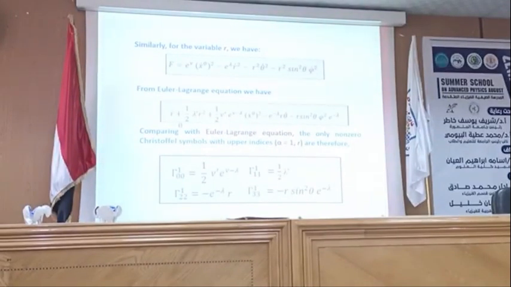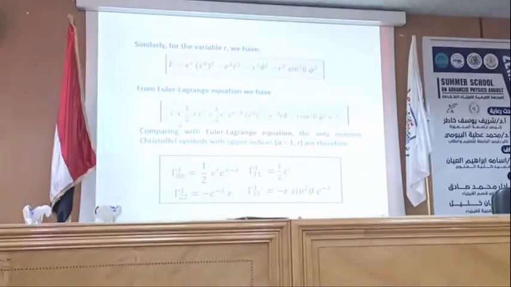Now I can apply again the Euler-Lagrange equation using this f, and I will obtain this equation here. Now, you can follow my notes and see how we can get it. It is easy.